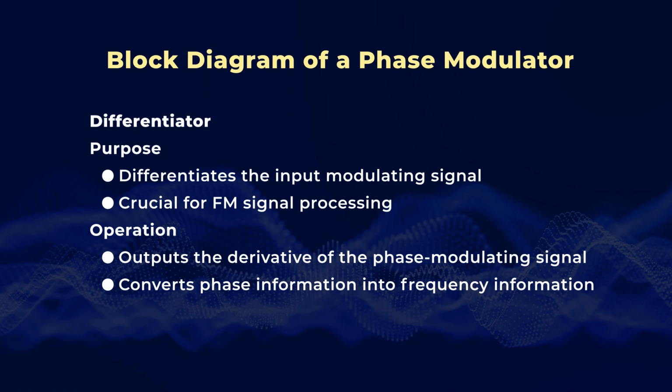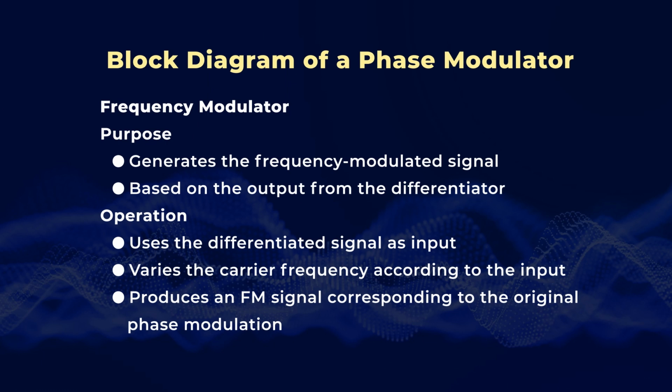This step is crucial because the frequency deviation in a frequency modulated signal is proportional to the derivative of the phase of the modulating signal. Now, the differentiator takes the phase modulating signal, which would normally be used to modulate the phase of the carrier directly, and outputs its derivative. This effectively converts the phase modulation into frequency modulation.